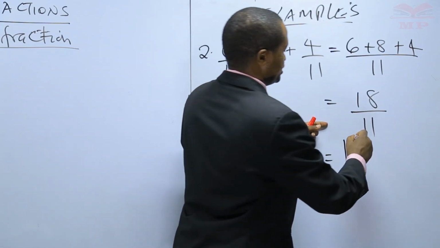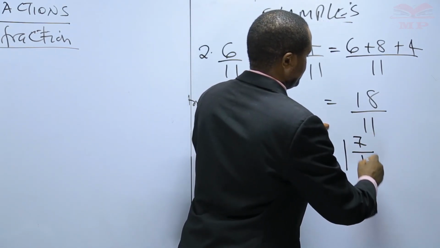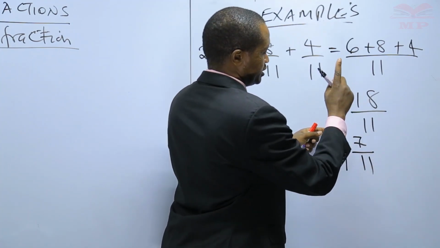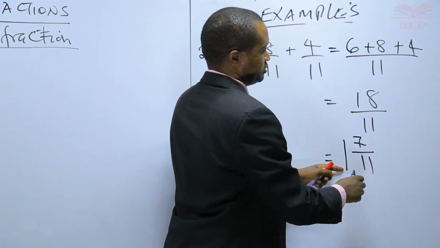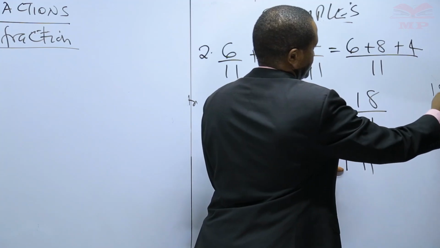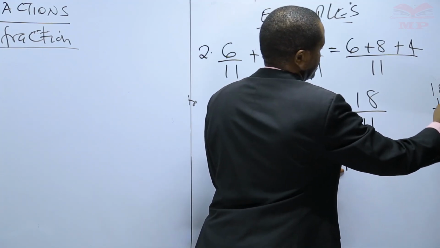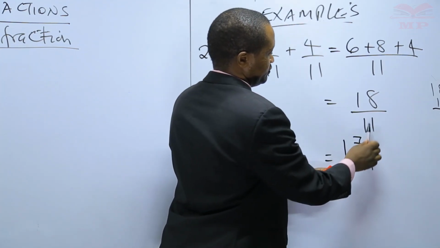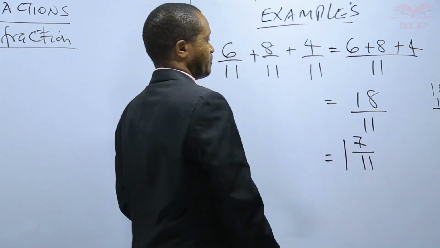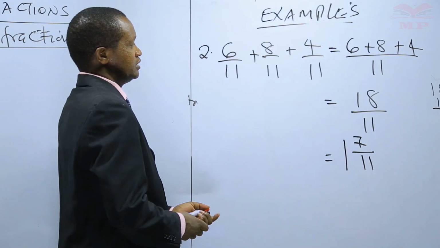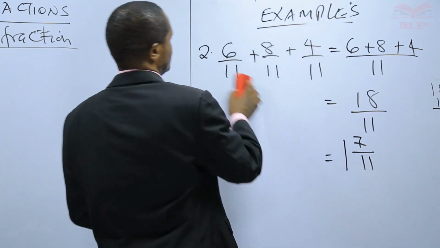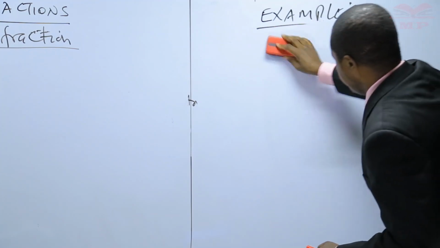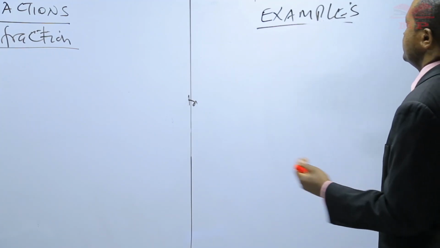Then we'll have 7 over 11. 11 goes here once, 18 minus 11 giving us 7. Then we have 11 as the denominator. So that is example number 2. You can try out example number 3.